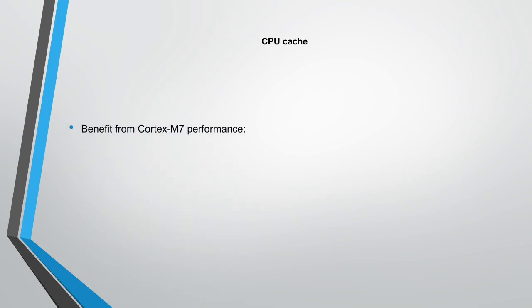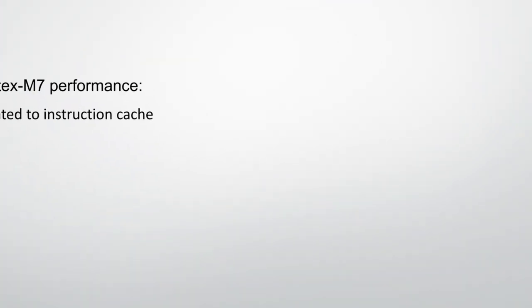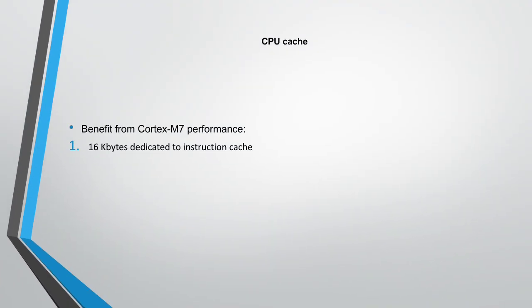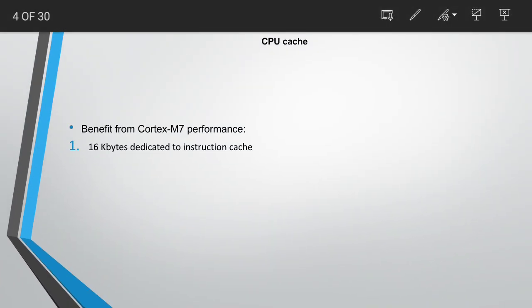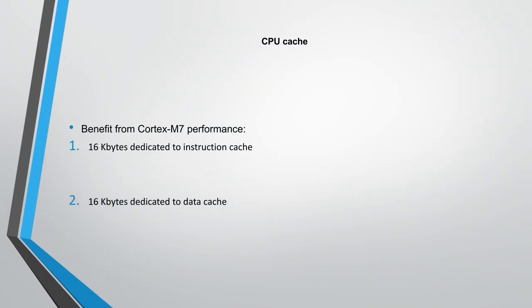Benefit from Cortex-M7 performance, that is 16 KB dedicated to instruction cache and 16 KB dedicated to the data cache. And here is the STM32H7 series system architecture.